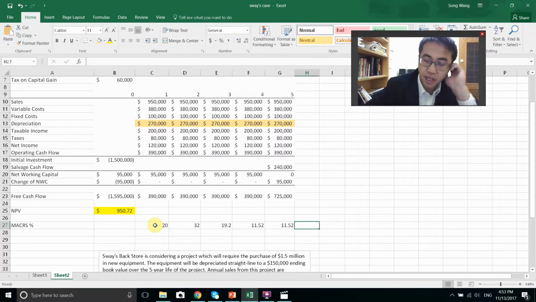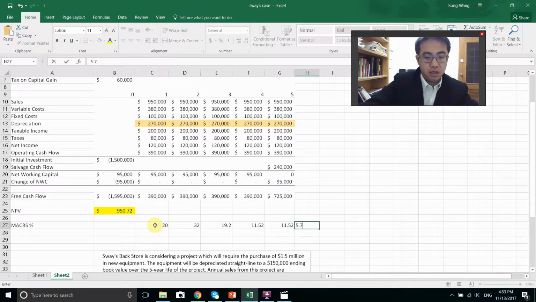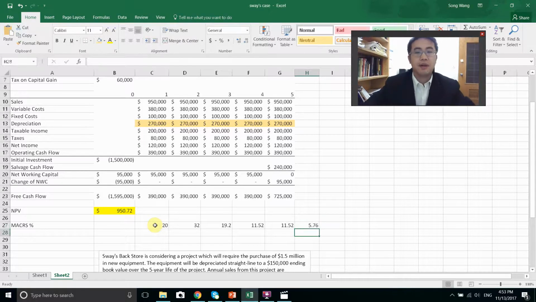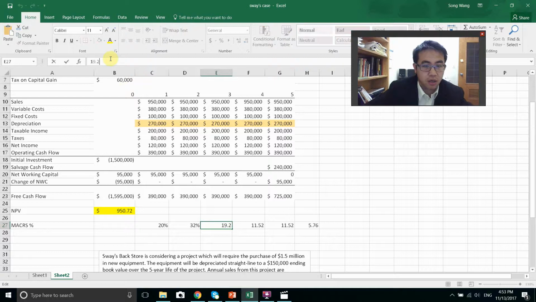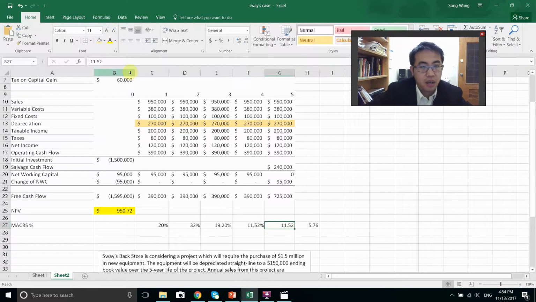And in year 6, which is also the ending year, that is 5.76. All right, these are in percentage, so I should also add a percentage sign there. Or I can just divide the whole thing by 100.